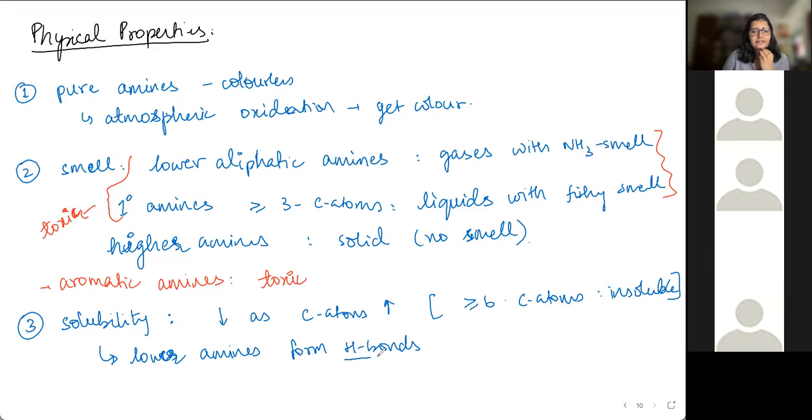And the hydrogen bond part is pretty important because that again affects the boiling point. The fourth point we talk about is boiling point. So amines, again, we have primary, secondary, tertiary, right? So between primary, secondary, tertiary, which ones do you think will have the highest boiling point?